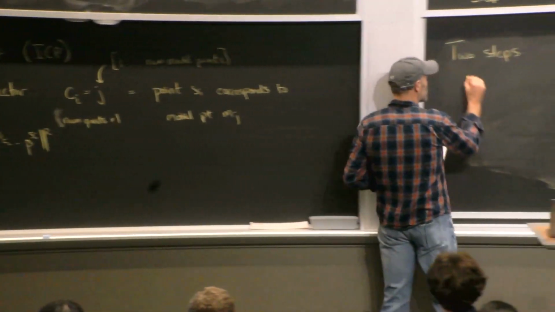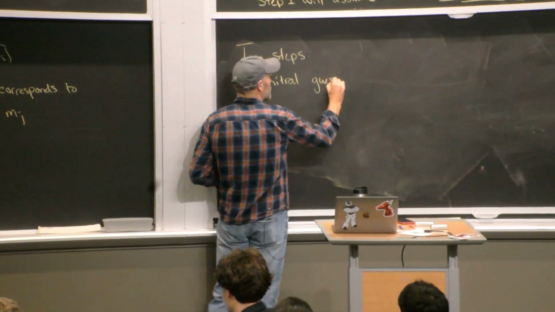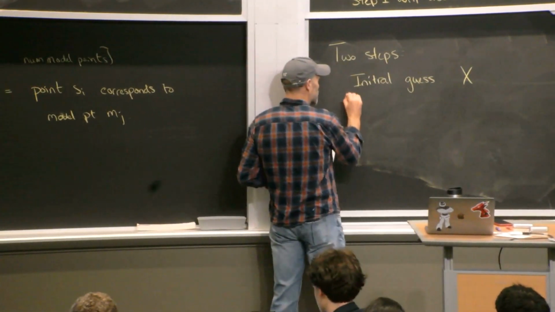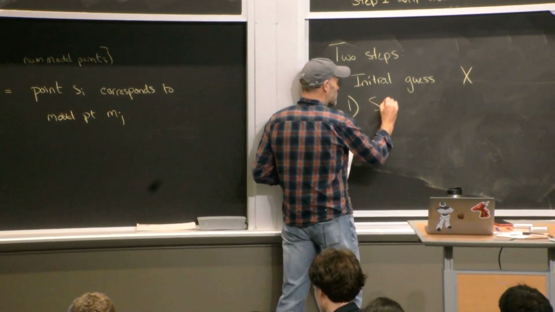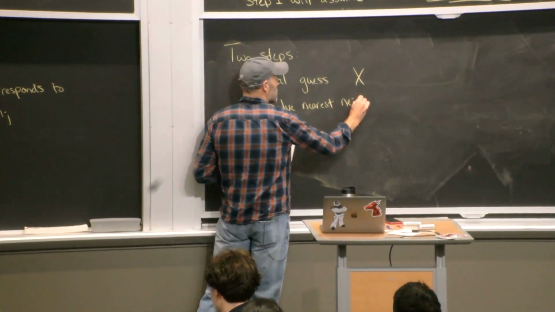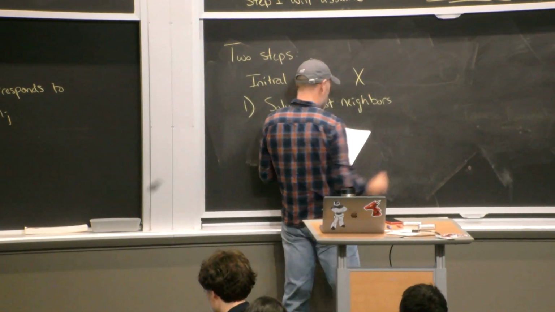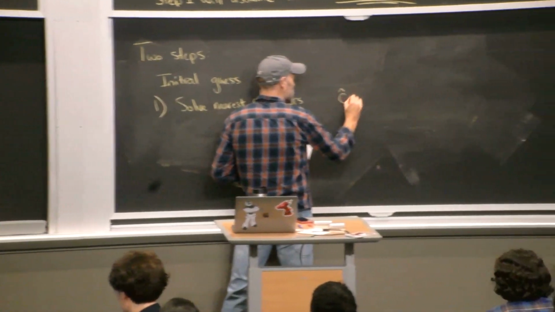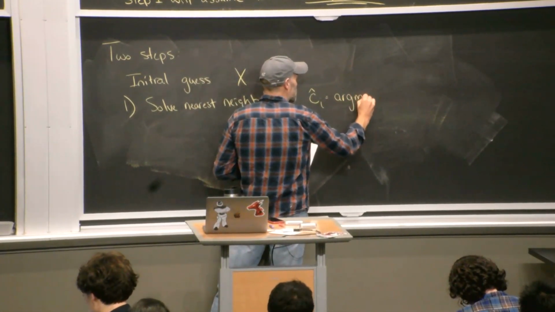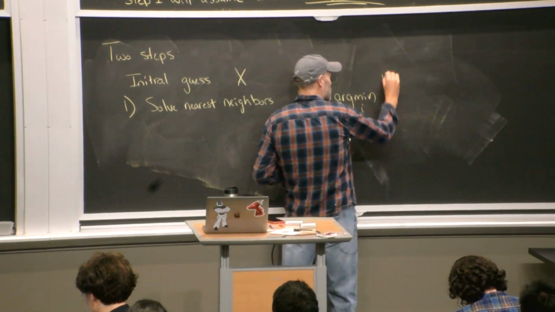So if we have an initial guess for x, then we'll take step 1, solve the nearest neighbor problem. So our new ci is going to be the argmin over j of x p o n j minus psi squared. We can just try all the possible correspondences, basically.